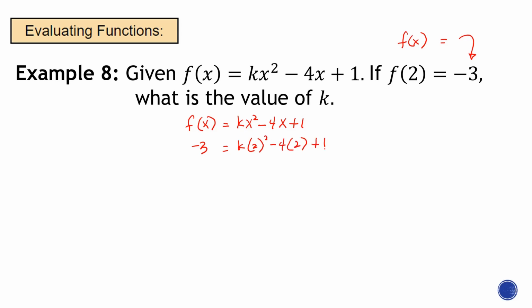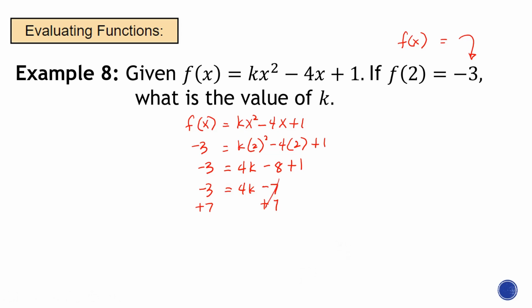So as you can see, we now have an equation that has one variable only, which is k. We just need to solve that. So this is negative 3 equals 4k minus 8 plus 1. So this is negative 3 equals 4k minus 7. And then we will add 7 on both sides.